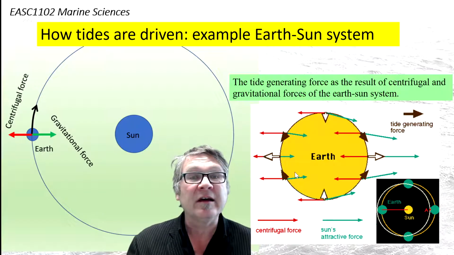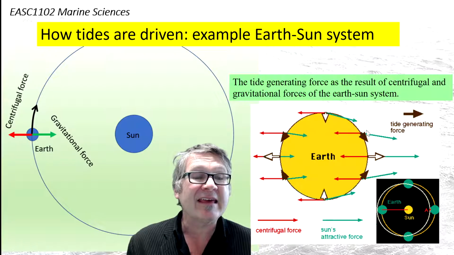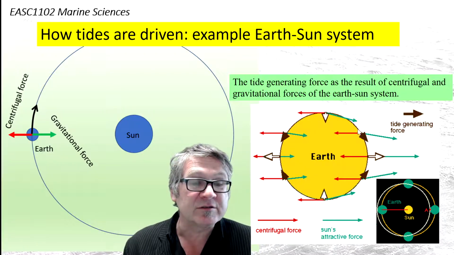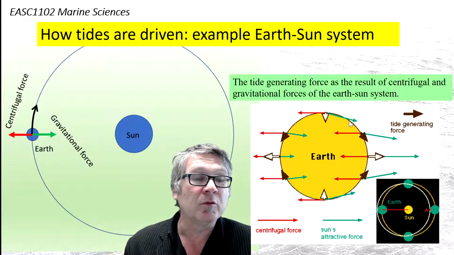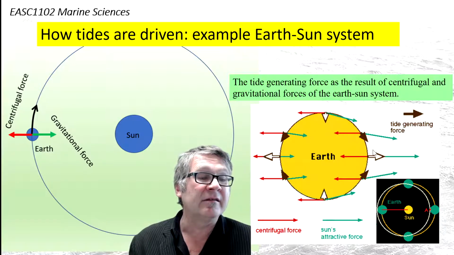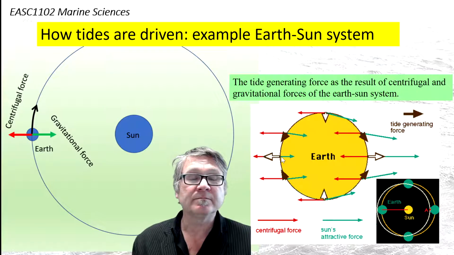What creates the tides are the residual horizontal forces, which are these black arrows. So what these residual forces try to do is pull water towards the location which is under the Sun, and the opposite side of the Earth as well.